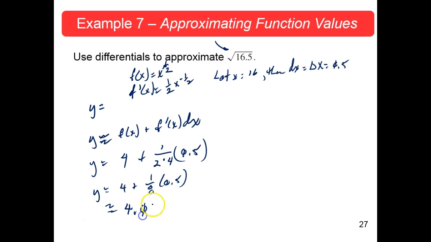$4.0625, is that what you said? Okay. How about plugging in the square root of 16.5? 4.062019.